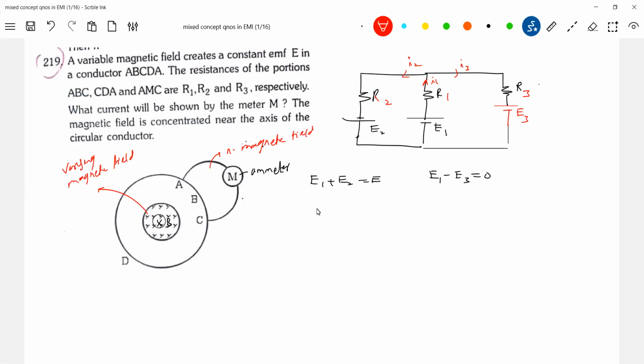And where is the meter? The meter is here. Let me introduce that meter here. So what is the reading of the meter? I3. What about the direction of I3? Can we assume it like this?